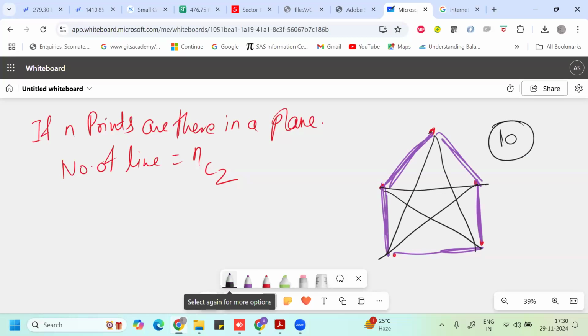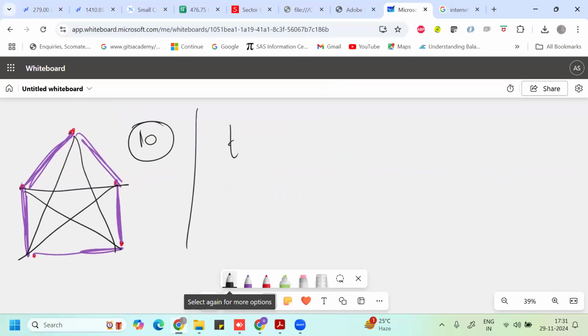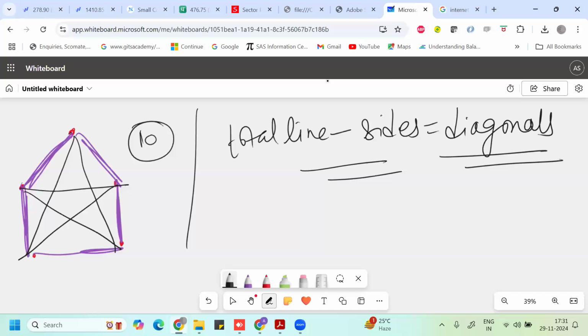But all the 10 lines are not diagonals now. Why? Because those lines which are the sides are not diagonals. So you have to take total lines minus the sides, and that gives the diagonals. My question was how many diagonals are there? So the total lines minus sides are the diagonals.